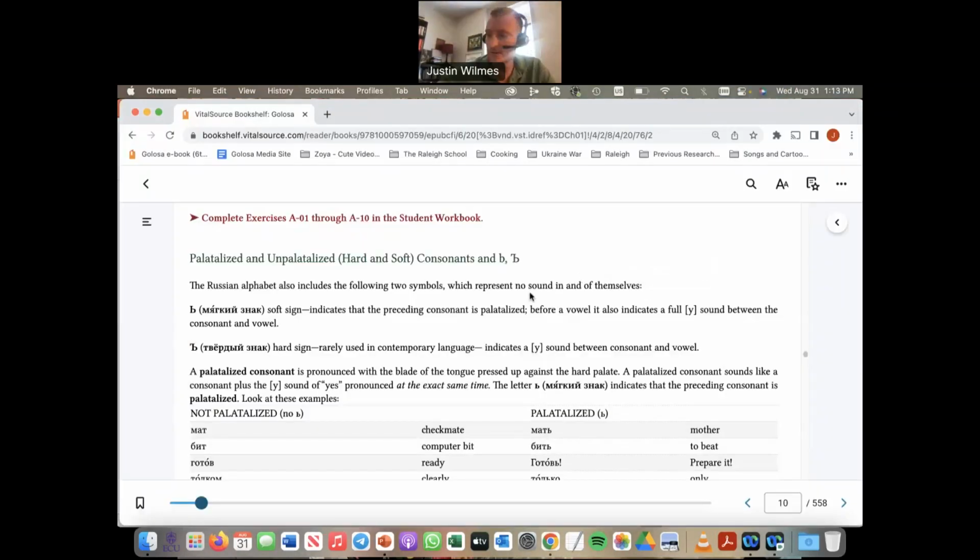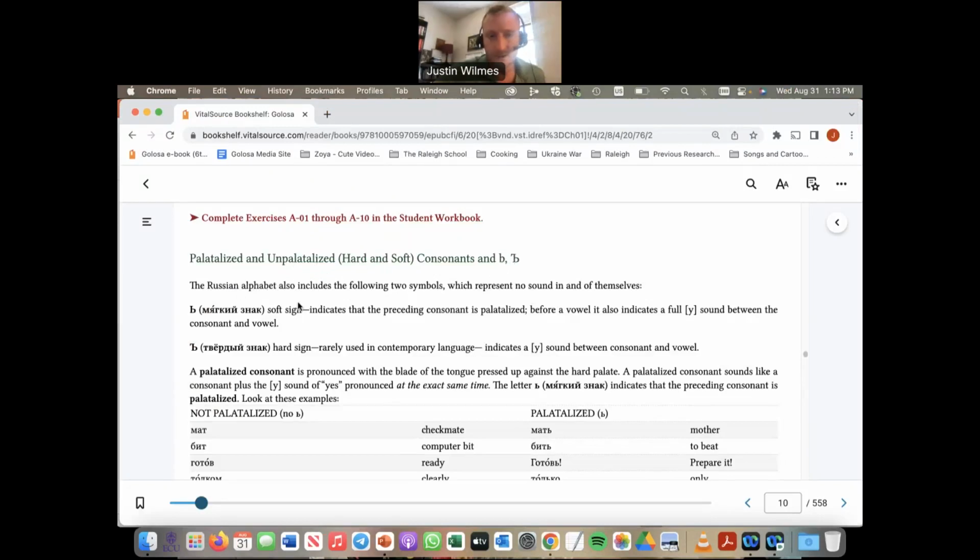On page 10, this is where the book goes in depth about these two aspects of Russian phonetics or pronunciation. Palatalized and unpalatalized consonants and the two signs, soft sign and hard sign.